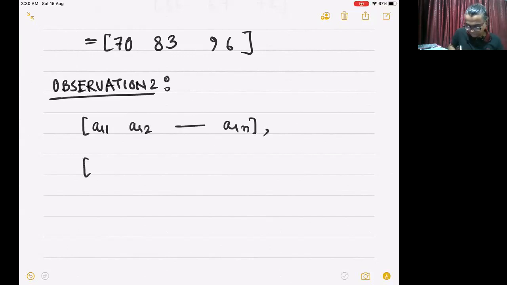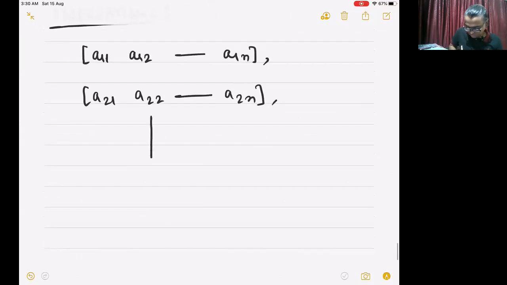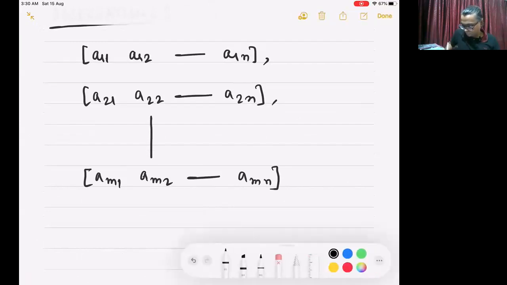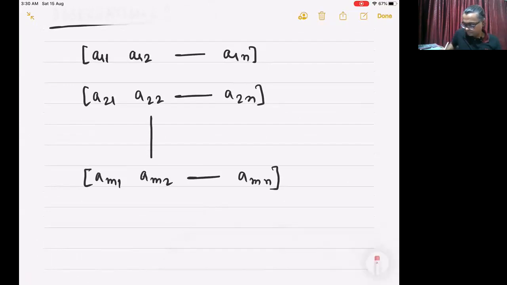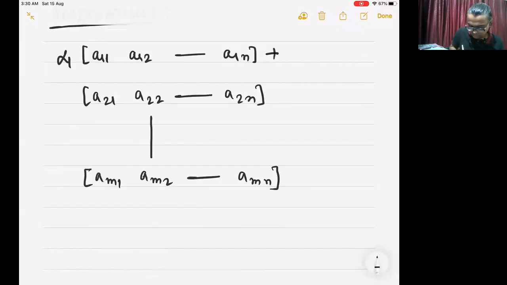I have another row vector a21, a22, dot dot dot, up to a2n, and I have m such row vectors am1, am2, dot dot dot, up to amn, and then I look at their linear combinations, with coefficients alpha 1, alpha 2 and so on.